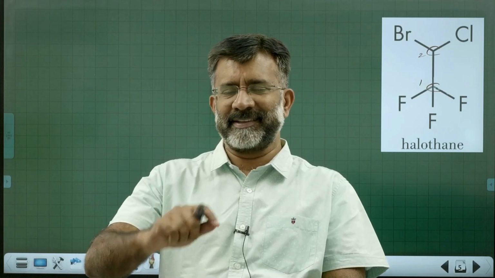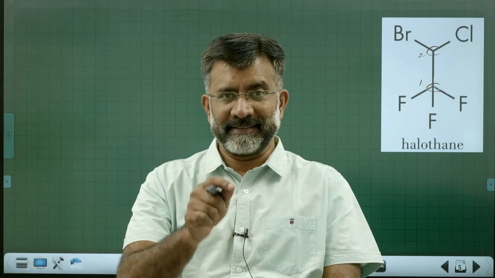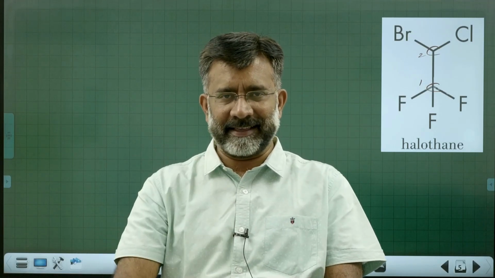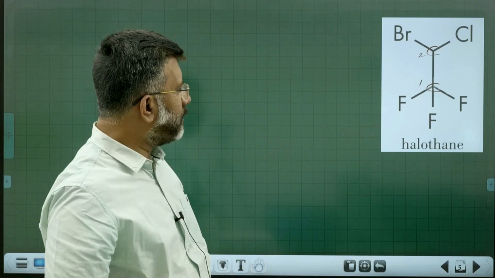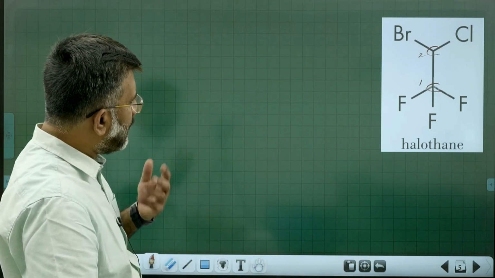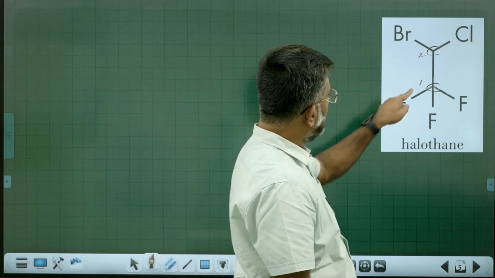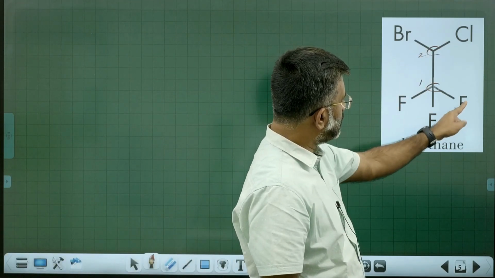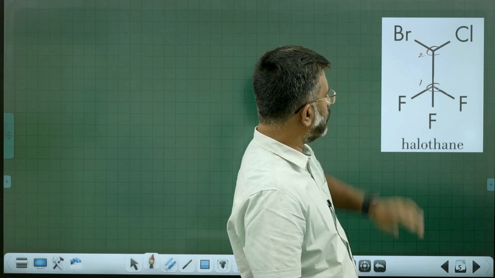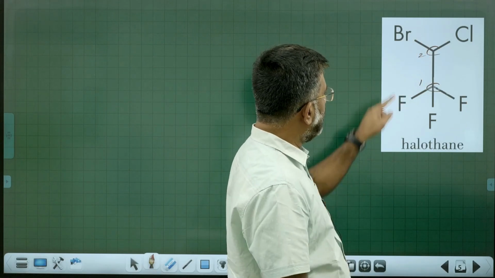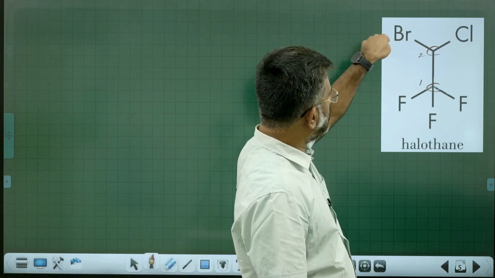And the molecule is referred to maybe in the introduction pages of the NCERT. So give it due importance, because that can be a simple direct question. And what is the name? Let me repeat. This is 1, this is 2, because there are 3 fluorine, 1, 1, 1, 2, 2, the lowest locants. While in the naming, preference goes to alphabetical order.